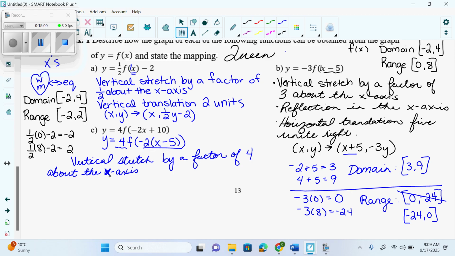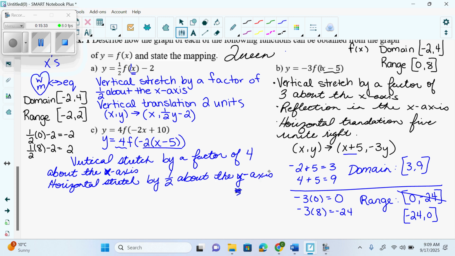Do we have a horizontal stretch? Yeah, we have a horizontal stretch by a factor of what, guys? 1/2, because going from equation to words and our x's be crazy. And not negative, because that's not a horizontal stretch. About the y-axis.